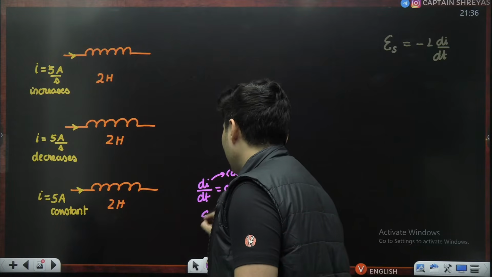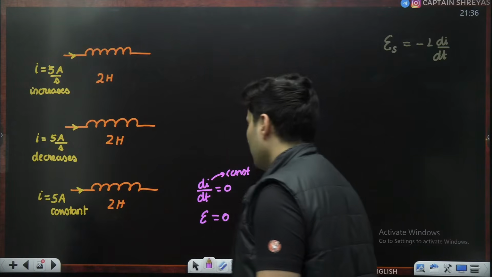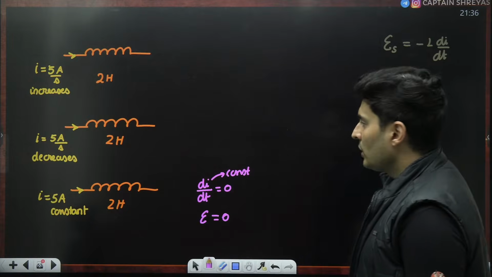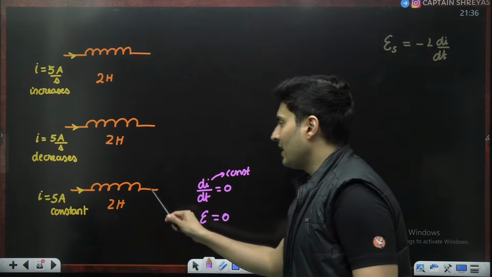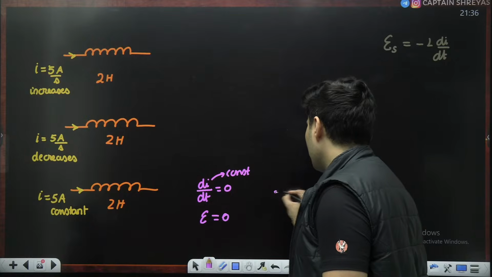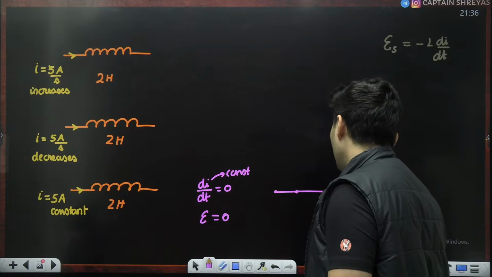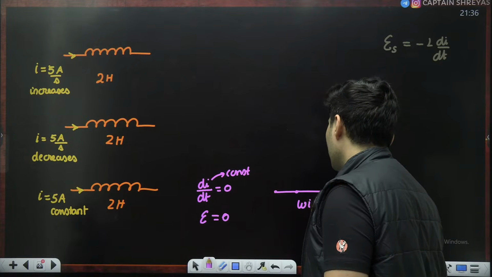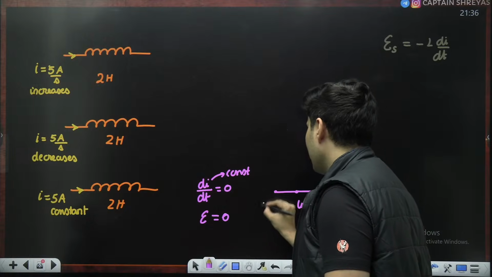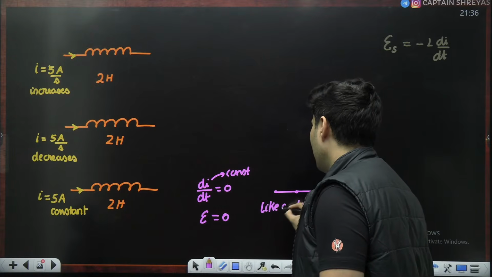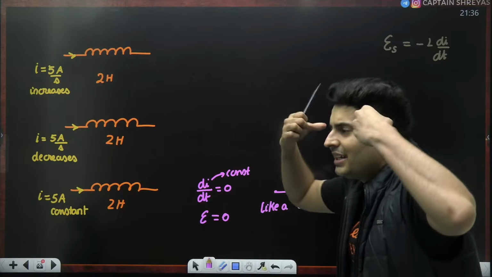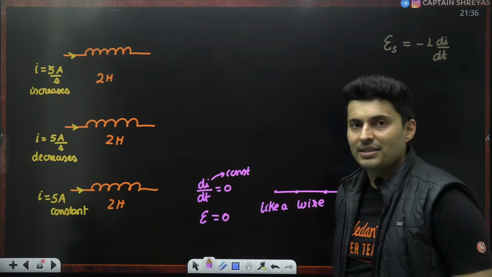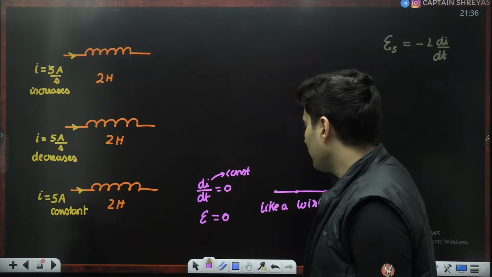So the self-inductance EMF will be 0. So if there is no EMF across the ends, this just behaves like a simple wire. When the current is constant, inductor is practically absent. It is as if not there only.